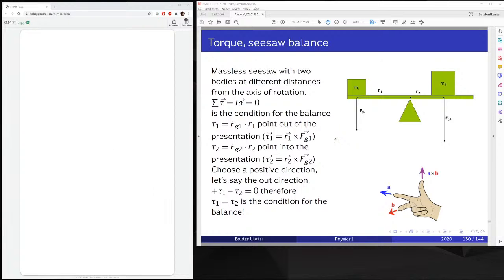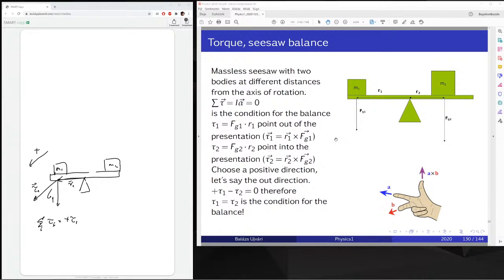So again, see, mass 1, mass 2, this is the R1, G1, and the torque will come out of the plane. And let's choose a positive direction. If we want to sum all of the torques, the first one is a positive tau 1.